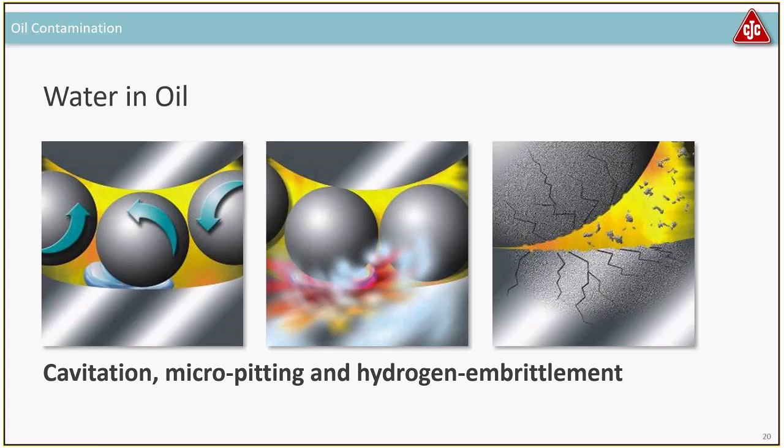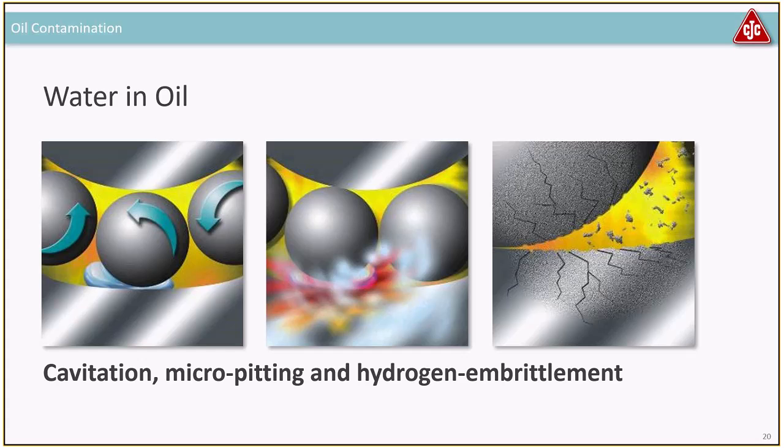The water will collapse on itself, so implode, not an explosion, but an implosion, and the water droplets will collapse on itself and create a very high intensity of energy pushing towards the surfaces and create a pit, so a small crack.